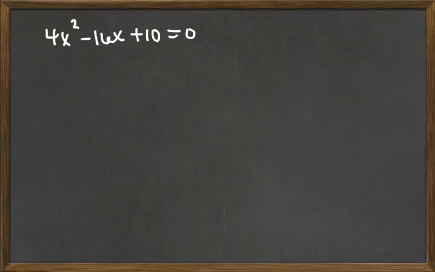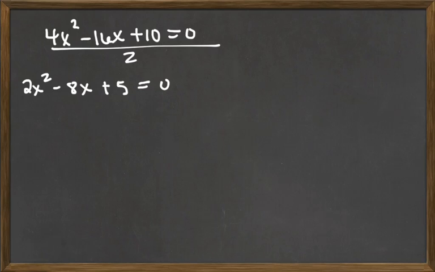And so I want to now try to solve this equation, and I might try to simplify it first. I see I can divide everything through by 2, and I get 2x squared minus 8x plus 5 equals 0. Now what I'm hoping is that this factors, although I see that that is not true.